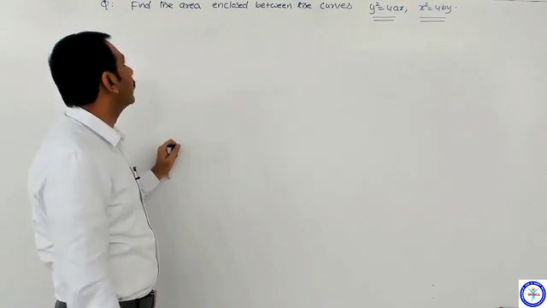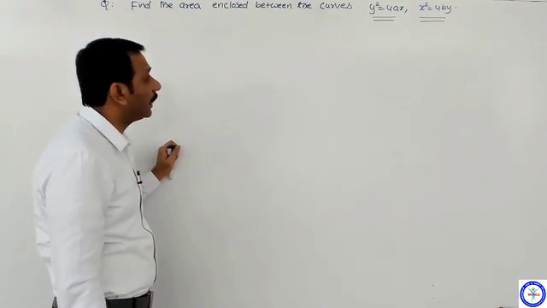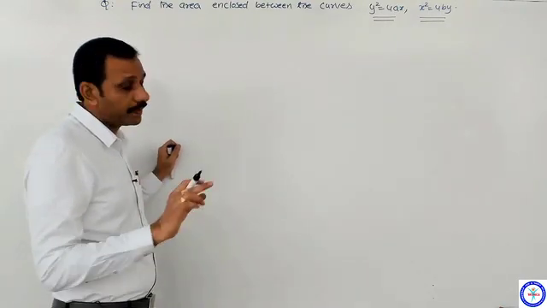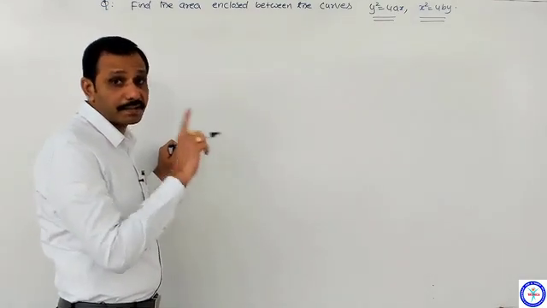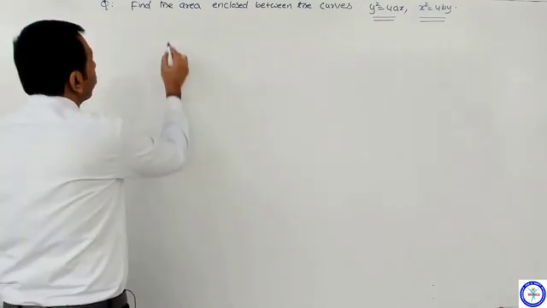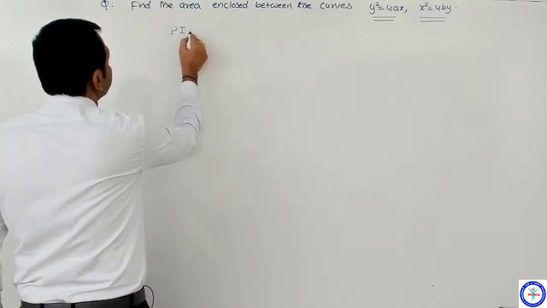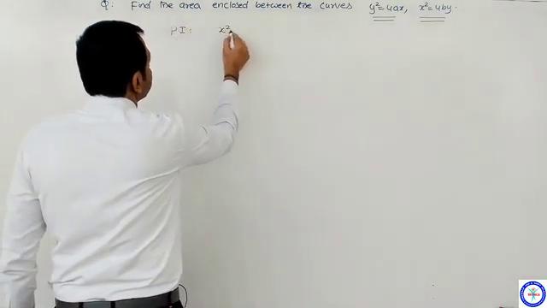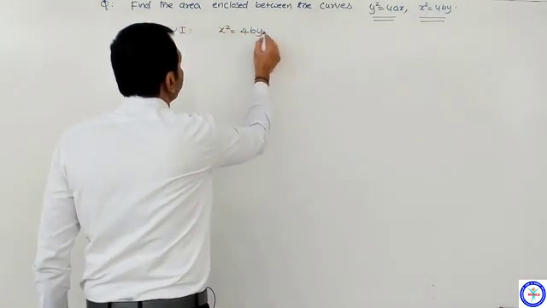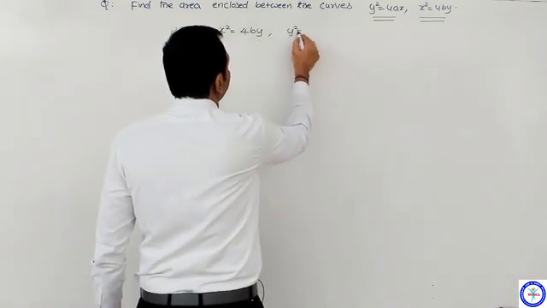Yes, whatever the curves given, because we need area between the curves, first let us try to find their intersection point. For point of intersections, what are the equations? x square equal to 4by and y square equal to 4ax.